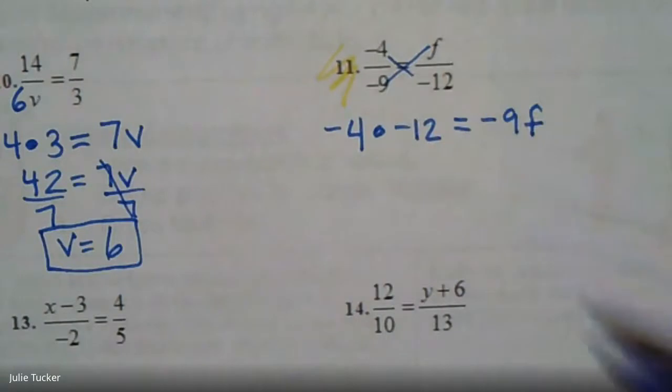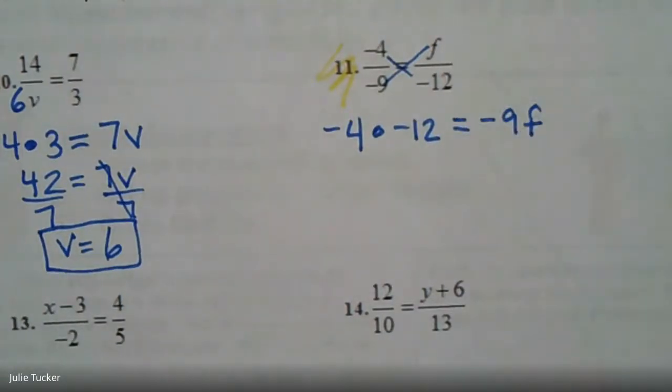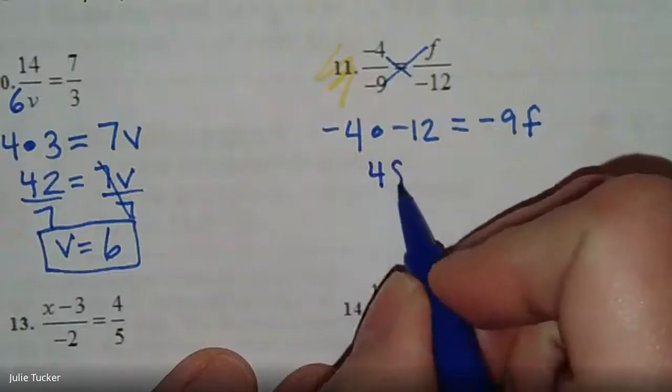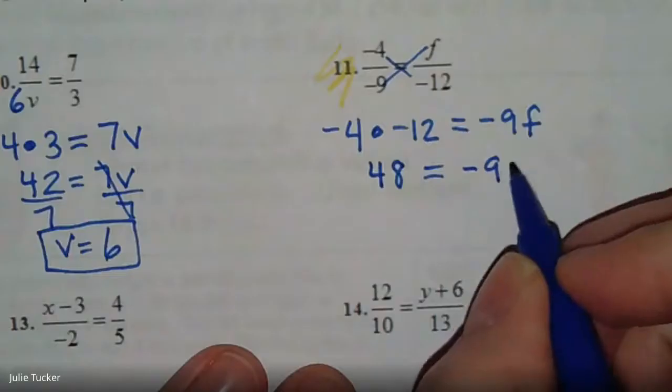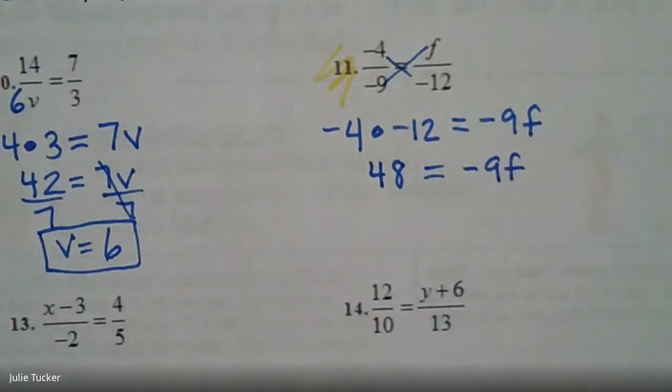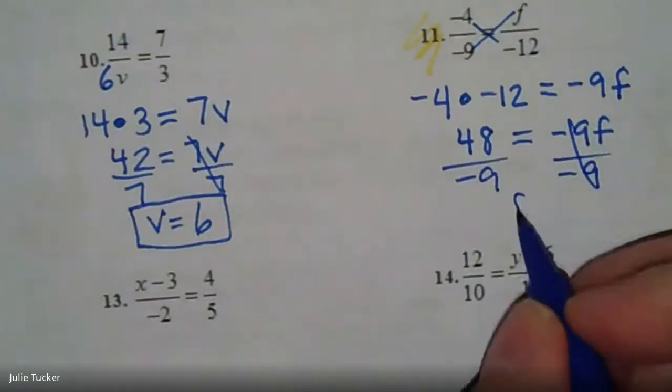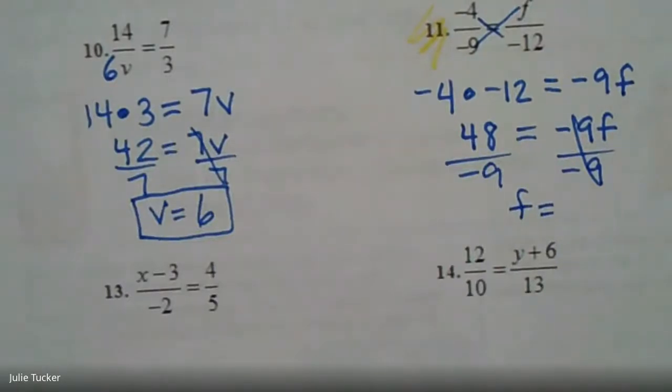Well, it's negative times negative, so that's going to be positive. A negative plus a negative is negative, but a negative times a negative is positive. So this will be 48 equals -9f. Oh, this is going to be a decimal. Divide by -9. Okay, so we're going to have f is equal to, and we have to do 48 divided by -9.